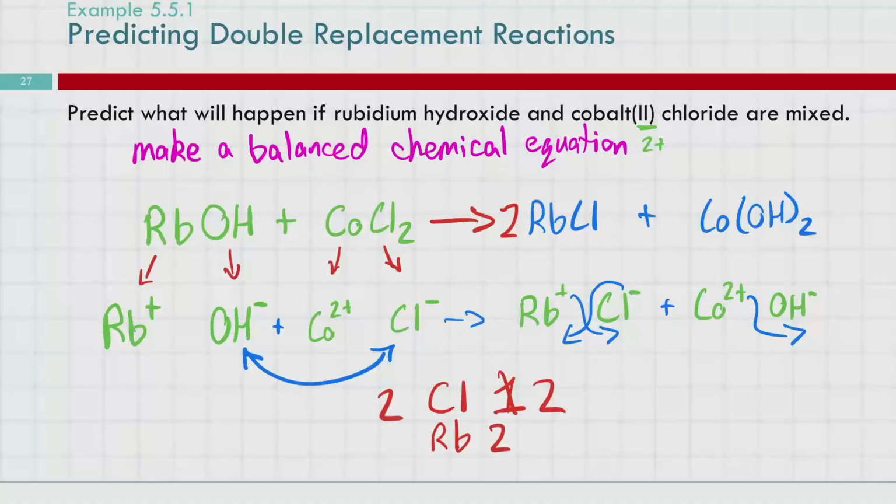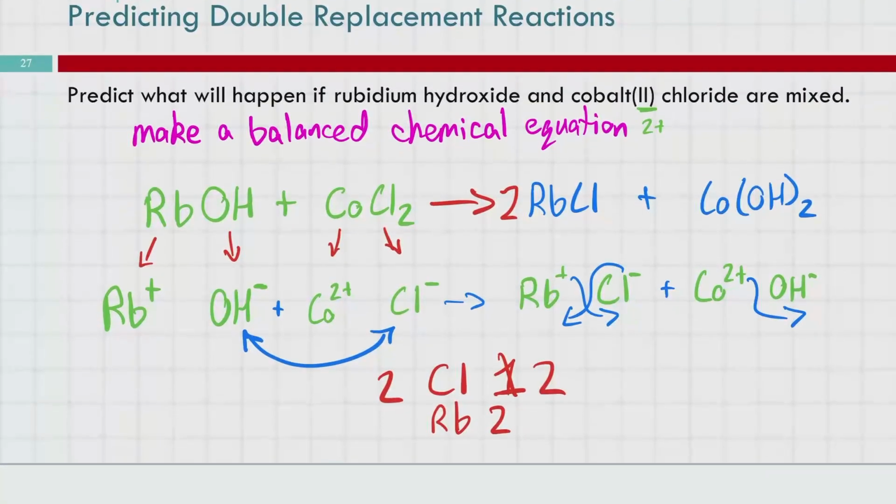So Rb, now we've got 2 on the right. We have only 1 on the left on the reactant side. 1 is not equal to 2, and so we need to put a coefficient of 2 in front. That will get our Rbs balanced out. And then we adjusted our OH when we did that, and so we're going to look at OH next.